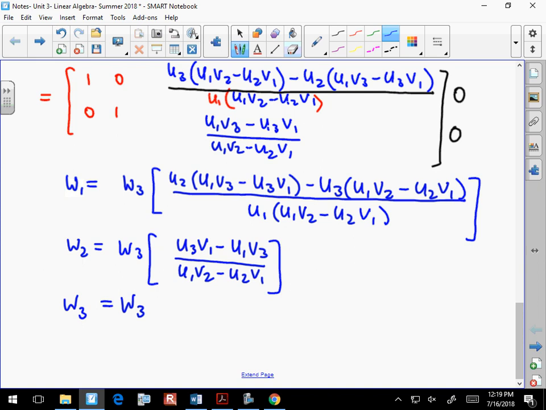Well, I'd like to clear out the denominator, so let's let W3 equal U1 V2 minus U2 V1.